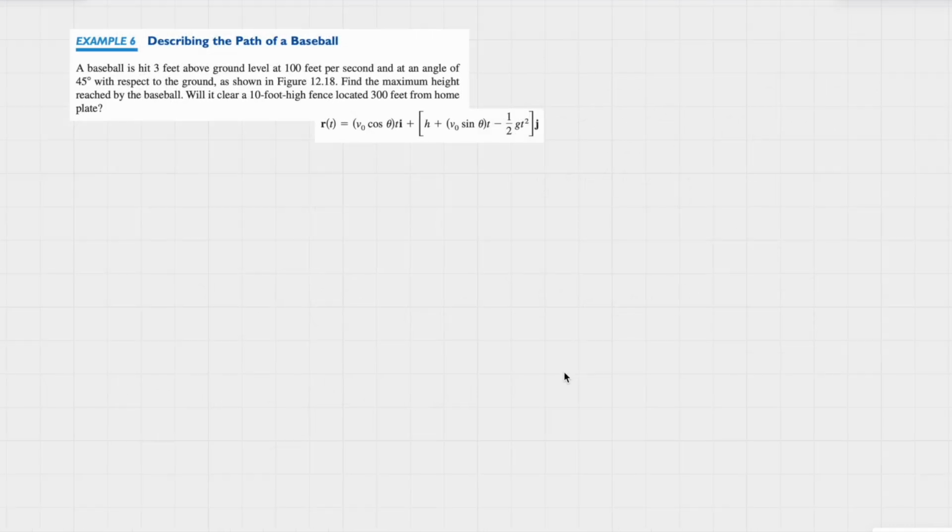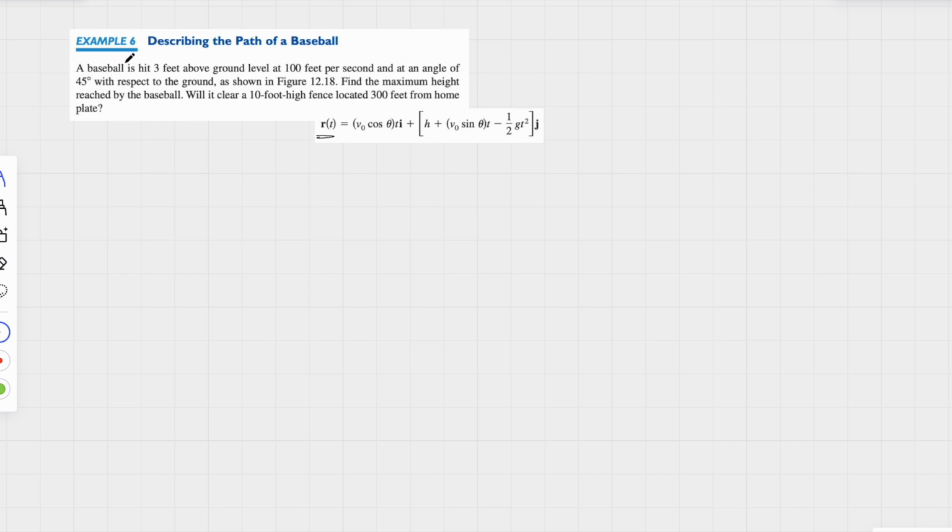Okay, so now that we have our position function broken down into its horizontal and vertical components, it will make solving problems such as example 6 on 2D projectile motion much easier.